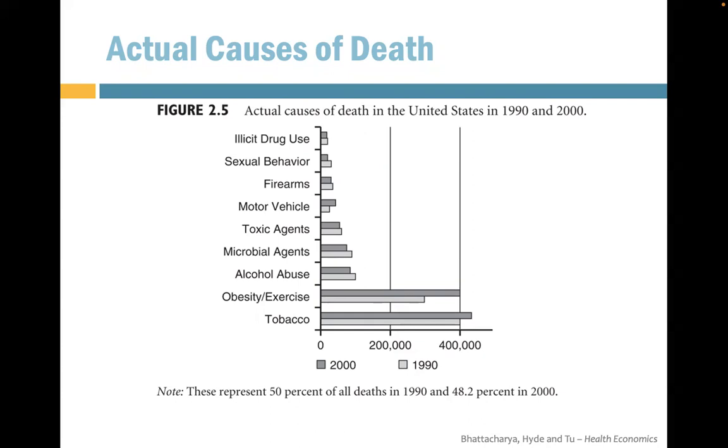What else has a huge increase? Motor vehicle related death as well. And there are lots of other categories that have witnessed decrease, like alcohol abuse, microbial agents, toxic agents, firearms, sexual behavior, illicit drug use. So these are some aspects that have witnessed improvement.